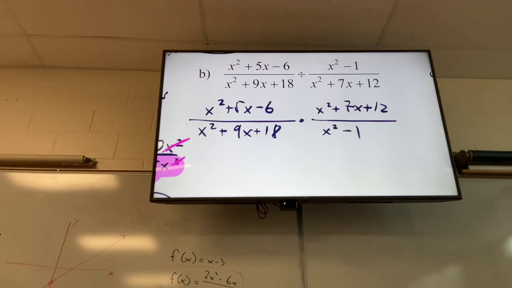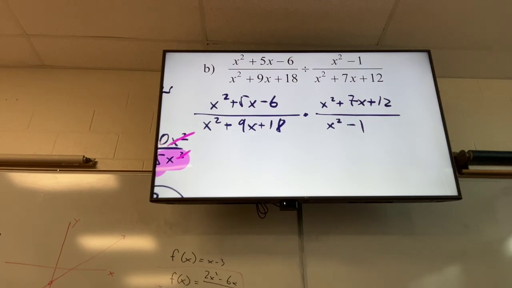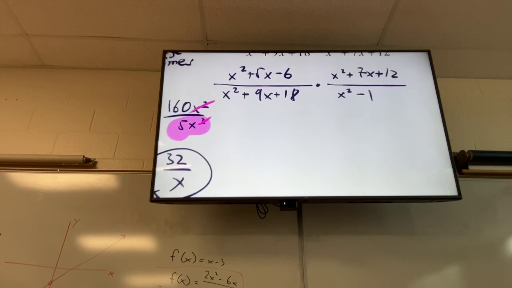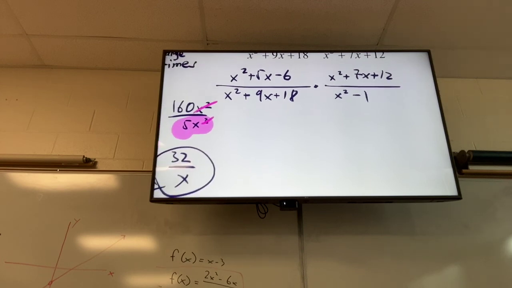So let's factor all 4 of these. I'm going to have to go through this pretty fast, guys. Sorry about that. So the orange factors to 6 and 1.